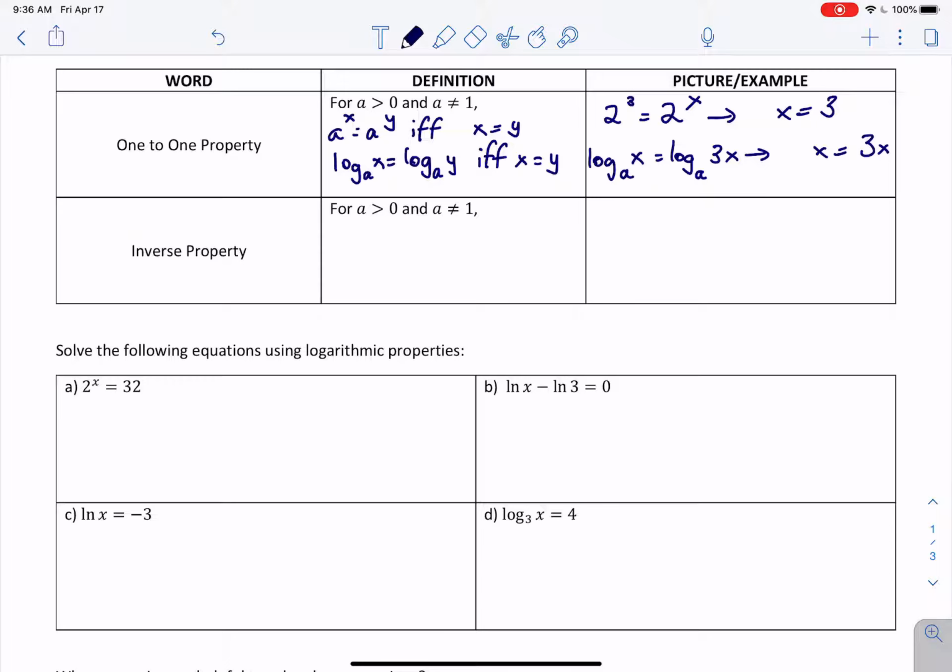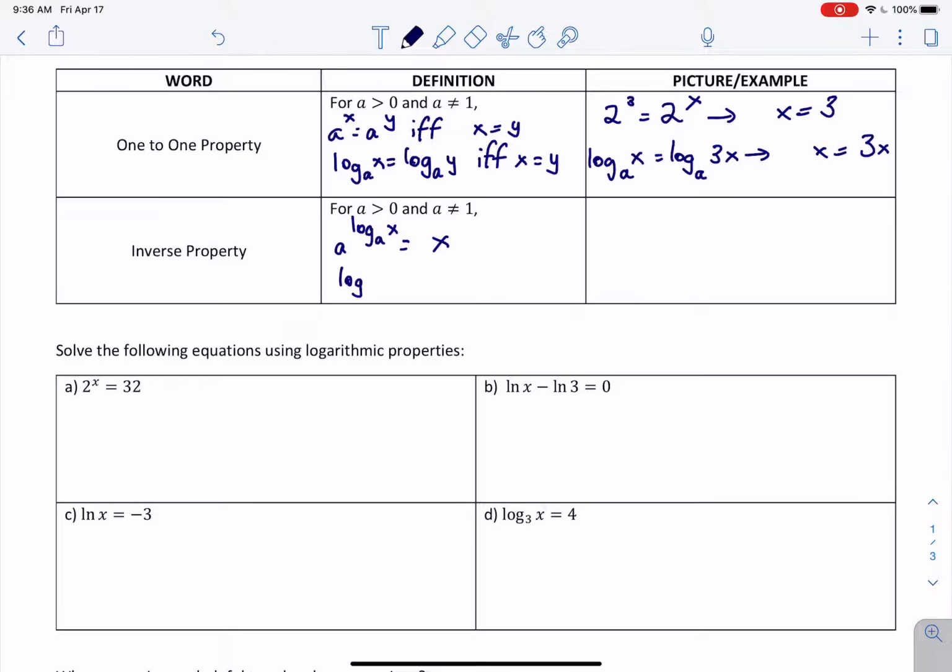You also have the inverse property. We said exponential functions and log functions are inverses of each other. And so that says that if you have an exponential raised to a log with the same base, then they basically undo each other because they're inverses, and so all you're left with is x.